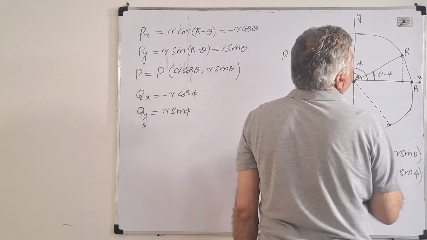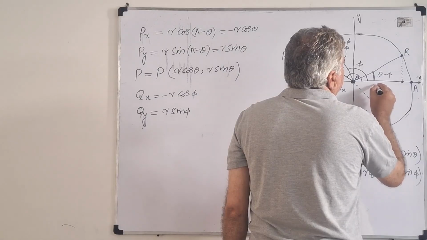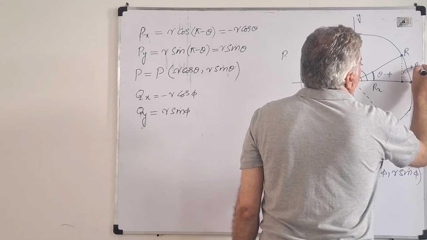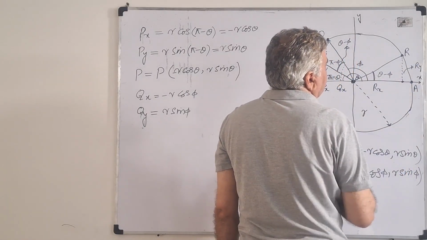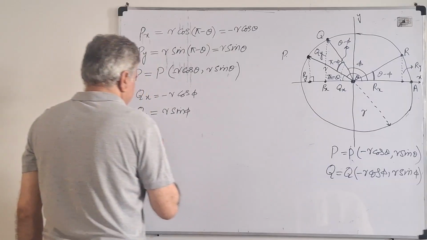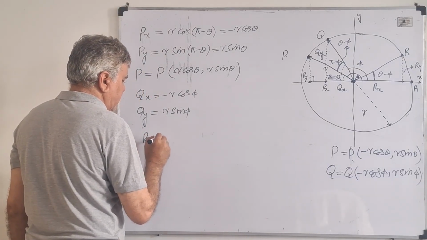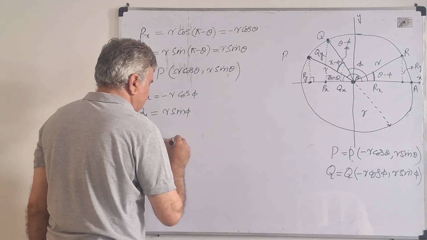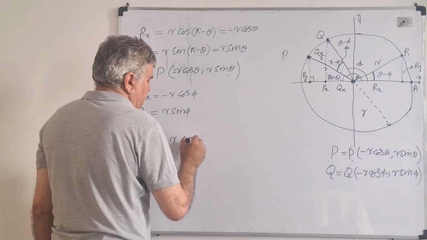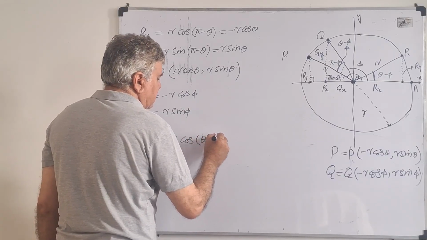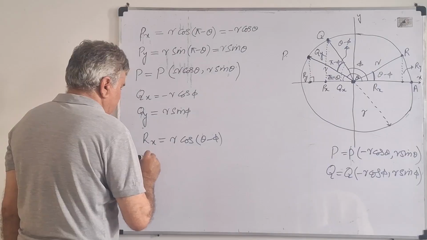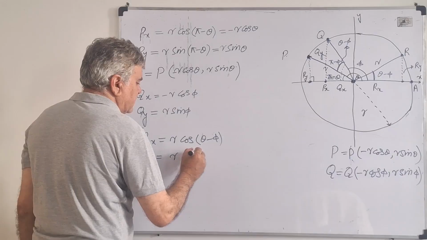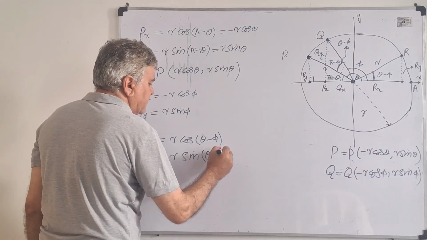of point R. This is Rx and this is Ry, and again this is a right angle triangle. So Rx, by using the ratio, and obviously this is r, is given by r cos(theta minus phi) and Ry equals r sin(theta minus phi).